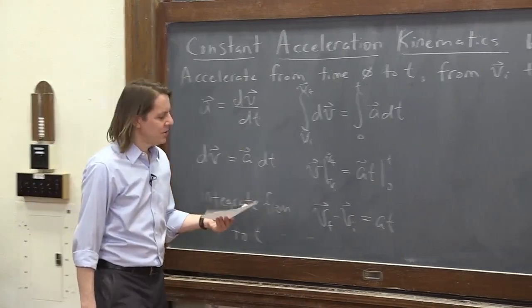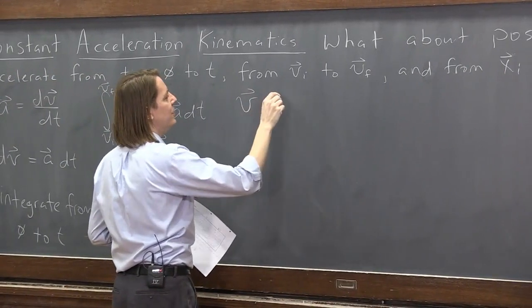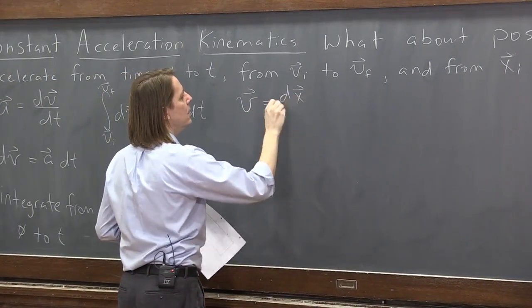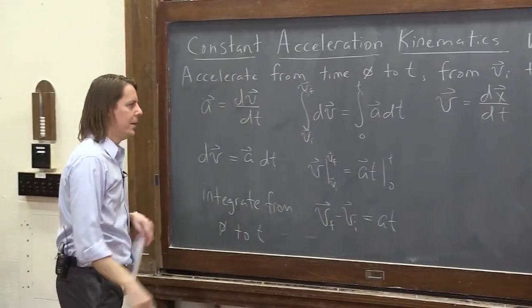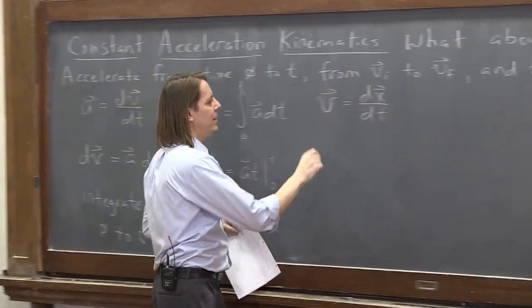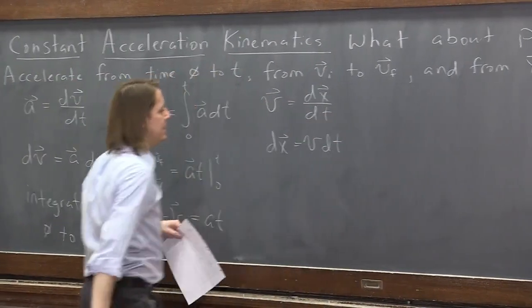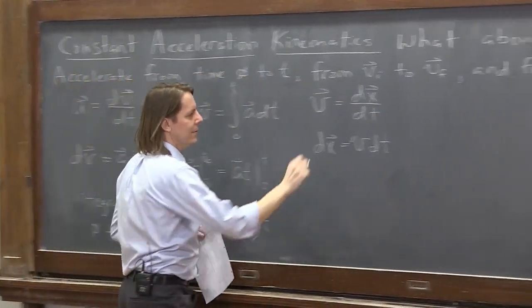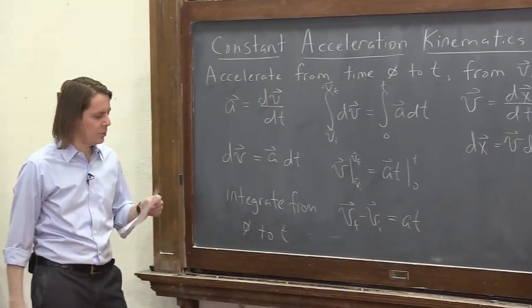If we want to get to position, the instantaneous velocity is the time derivative of the position, dx/dt. Turn it around and say dx equals v dt. That's just d equals vt, really, the old equation you know and love.